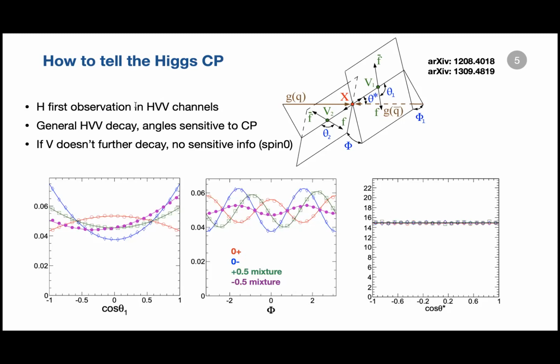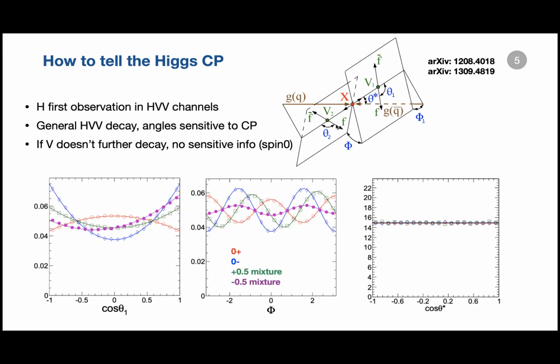You can also draw this nice sketch where the Higgs boson decays to 2 vector bosons, and if the 2 vector bosons further decay to 2 particles each, that means a 4-body final state, then you can construct these nice planes of decay and try to construct angles that describe the correlations between all the final particles. There are in total 5 angles in this plot.